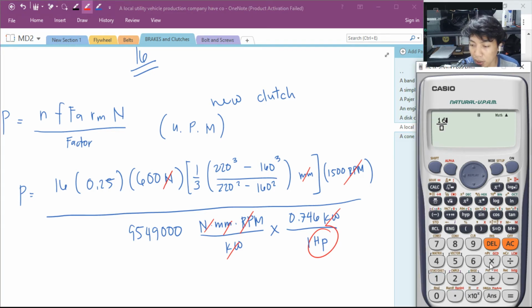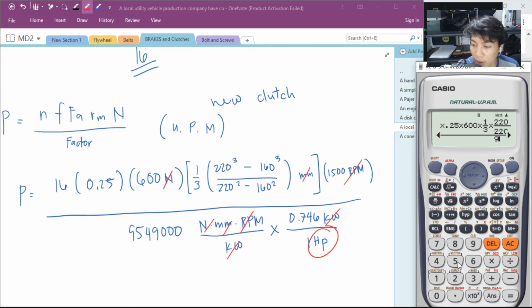So, 16 times 0.25 times 600 times 1/3 times 220 square, cube na to minus 160 cube divided by 220 square natin minus 160 square times 1.5.